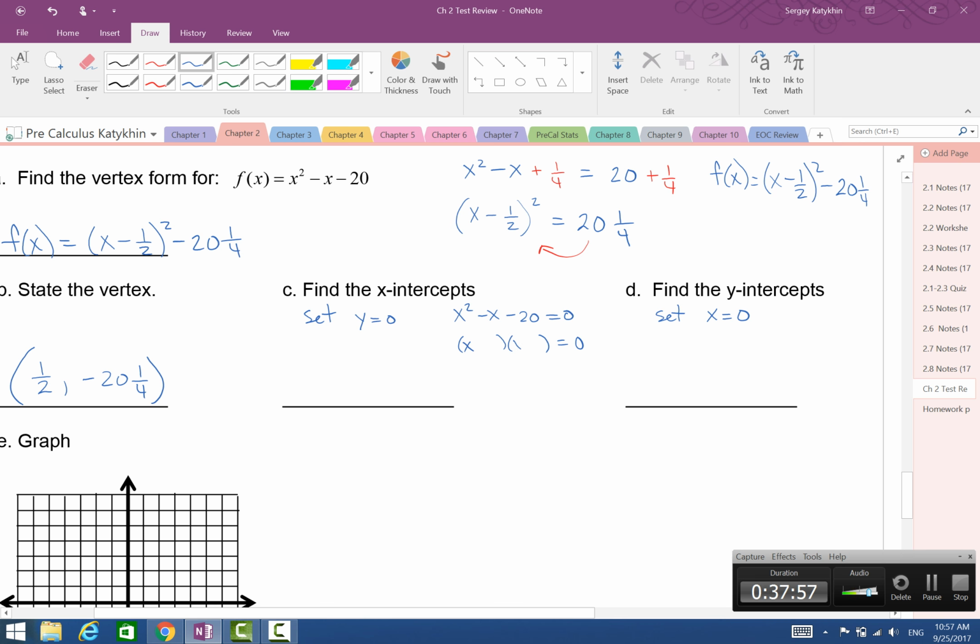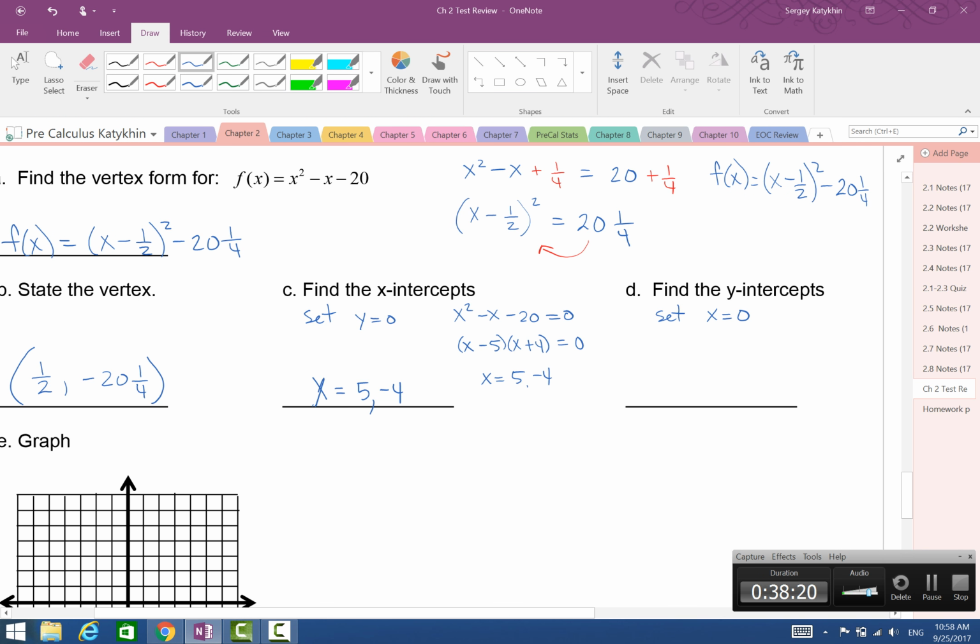And it does look like we do. We have negative 5 and positive 4, which means x is going to equal positive 5 and negative 4. So that will be my answer. X is equal to 5 and negative 4.